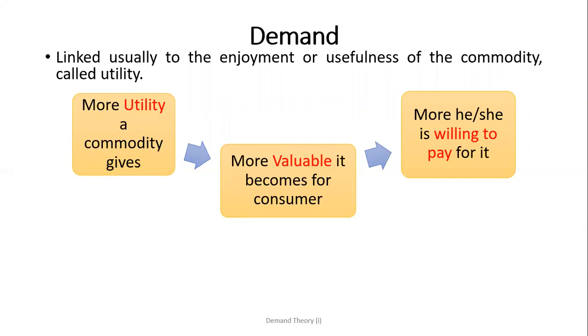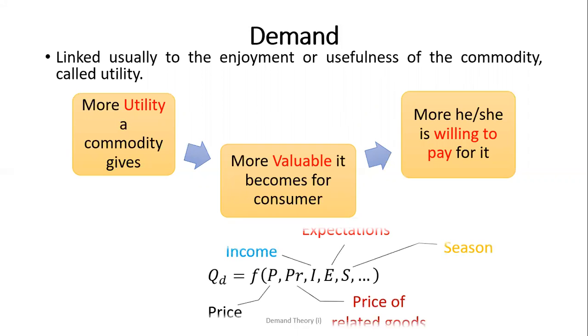Keeping this in mind, we can say that the demand for a commodity depends upon its price, price of the related commodities, income of the consumer, consumers' expectations about future prices and future income, season, taste, fashion, and so many other things.